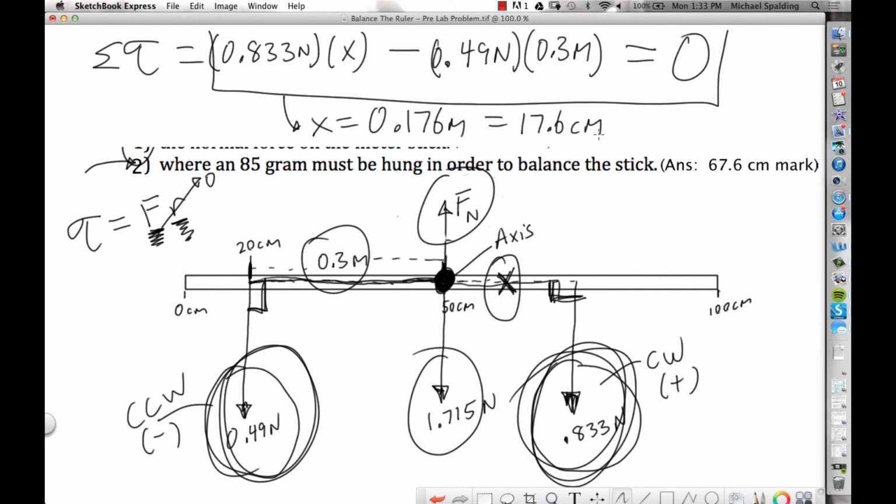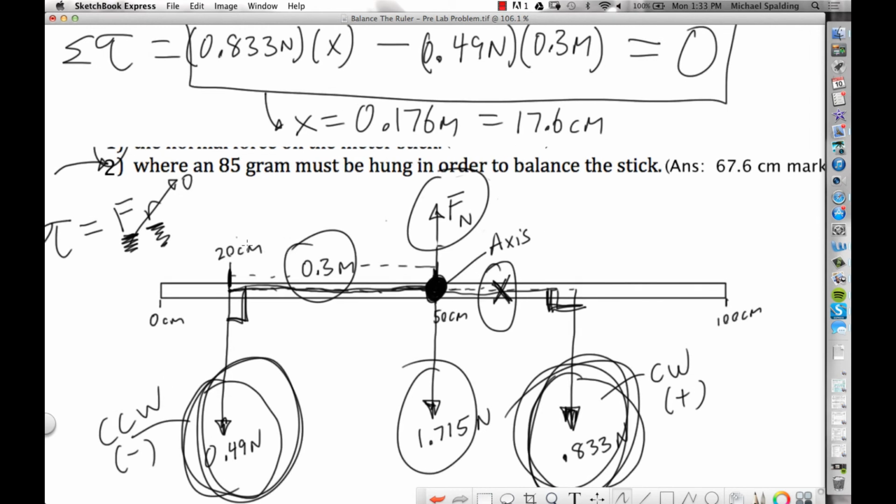Is that the answer? Because what's the question? If you read the question, it says, where must the 85-gram mass be hung to balance it? So where is this 17 centimeters measured from? It's not from 0. It's measured from the axis, right? It's measured from the axis.